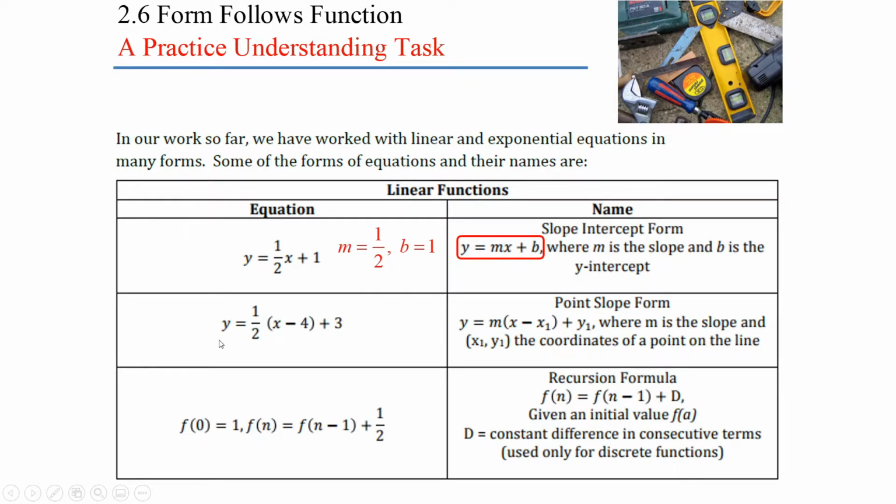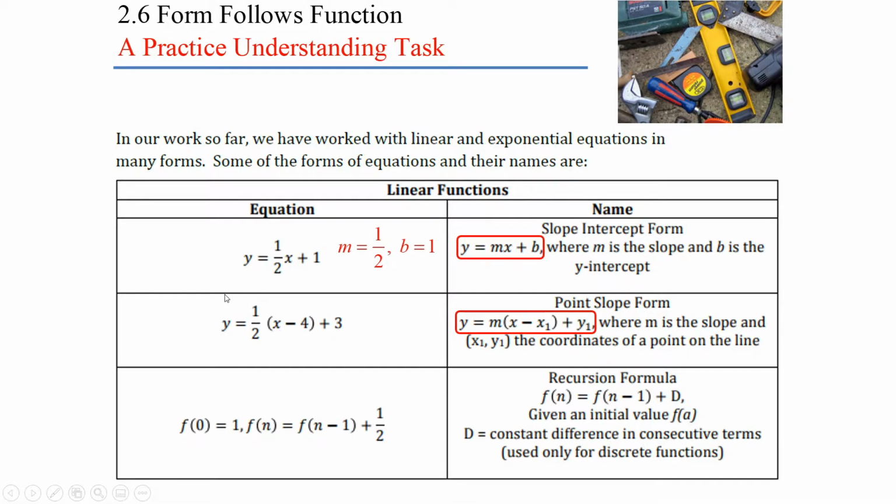Now, let's look at this equation. y equals 1/2 (x minus 4) plus 3. That's point-slope form, where m is the slope, so the slope is still 1/2, and x sub 1, y sub 1 (this module used a and b to mean the same thing there) would be the coordinates of the point on the line.